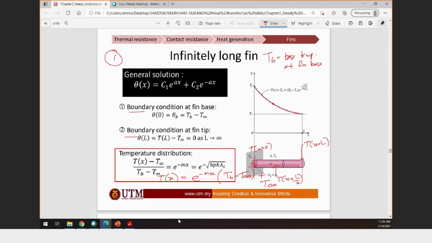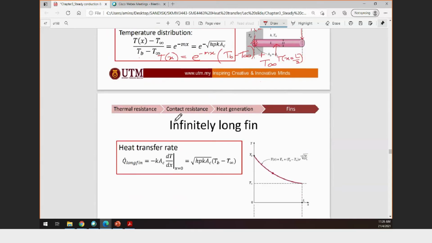And T(x) is the temperature throughout, or across, the fin in the x direction. That is the temperature distribution. So this is the first equation for the infinitely long fin.